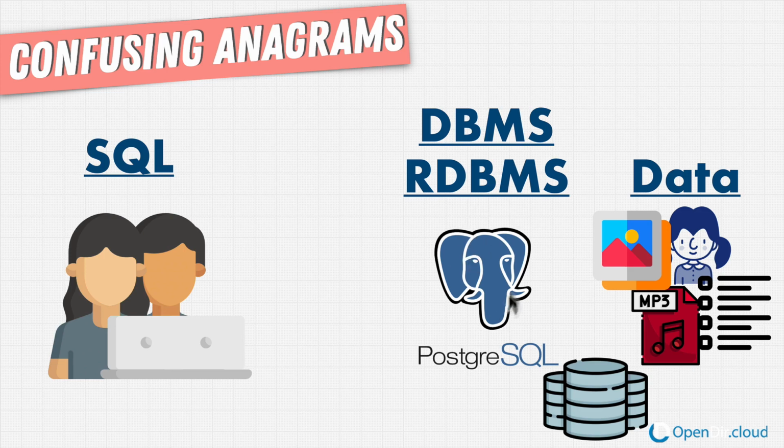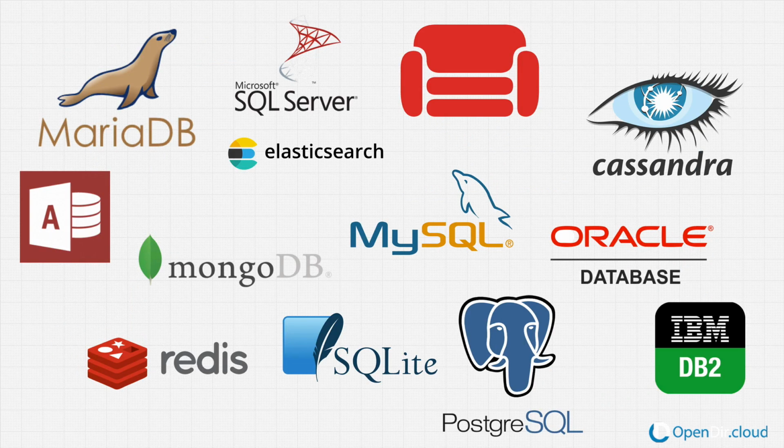Now, in here, I have Postgres as an example, and we'll use Postgres in this course because it's one of the most popular databases. But the beauty is that when you learn SQL, it doesn't just work with one database management system. If you remember our diagram, by learning SQL, we get to interact with a lot of databases, because a lot of these databases, not all, but a lot of them, like MariaDB, Microsoft SQL Server, Oracle Database, MySQL, SQLite, PostgreSQL, most big database engines are compatible with SQL code.